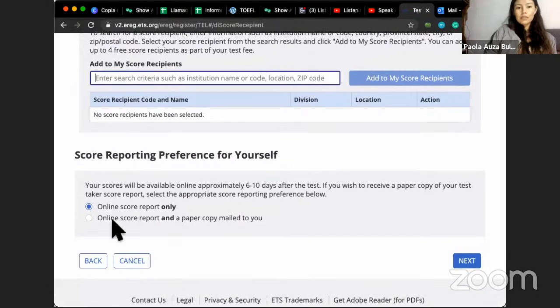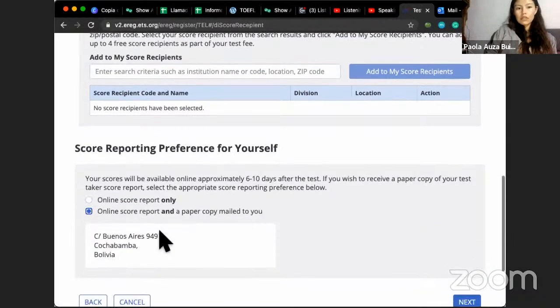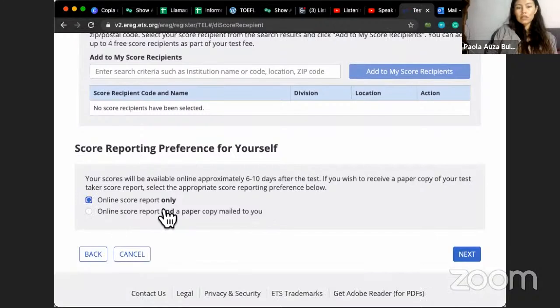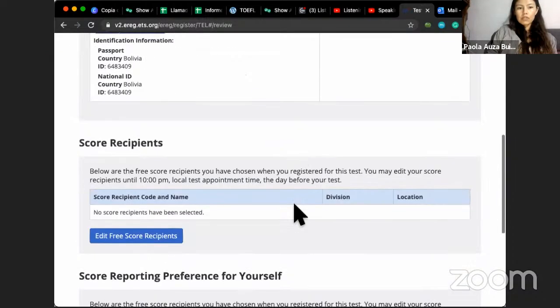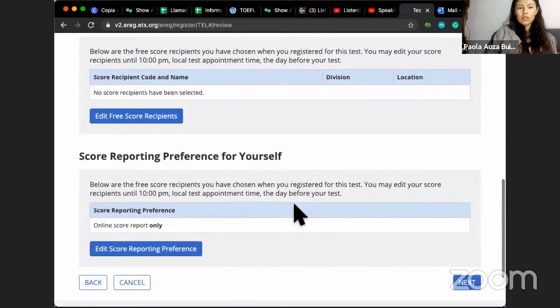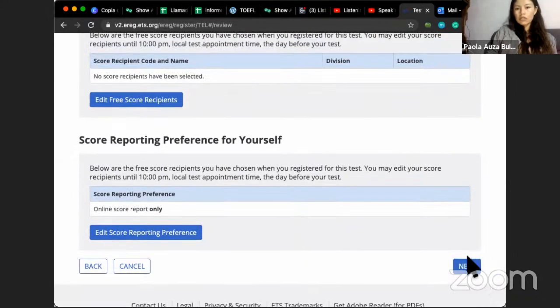Después, aquí pueden escoger cualquiera de las dos opciones, score. Si quieren que se les mande su correo, que sea directamente, el reporte online, ya depende de ustedes. Le damos siguiente, revisamos la información que tenemos, continuamos, next.